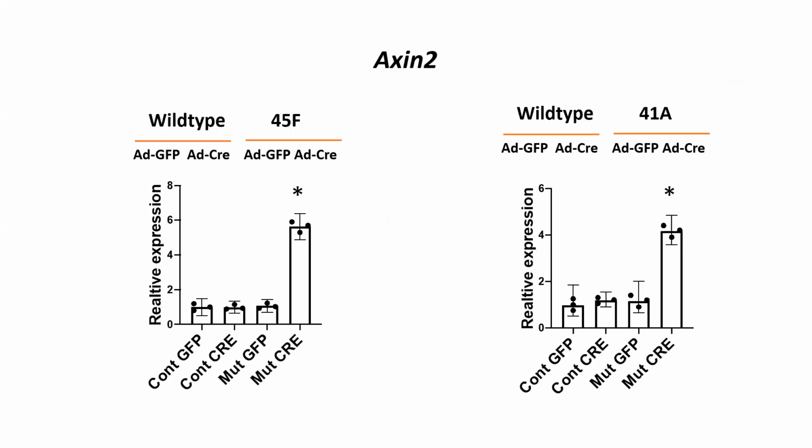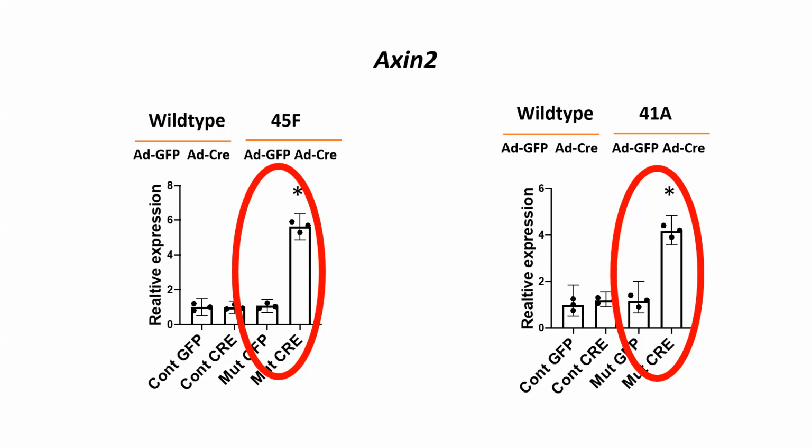We then looked at the expression of axin 2, which is a beta-catenin target gene, in fibroblastic-like cells, and found that when the two mutant genes were activated inside the cells, there was an increased expression of axin 2, showing that we were able to activate beta-catenin signaling inside the cells.